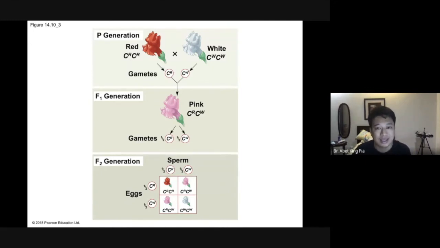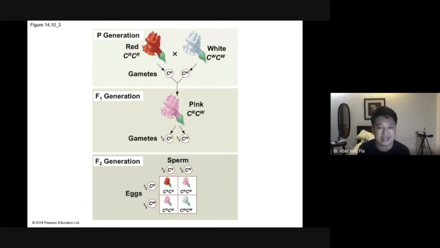Actually, pwede namang hindi kasi isa lang naman yung pinag-uusapan natin, 'di ba? So pwede namang R and W na lang, hindi na naka-superscript. Pwede 'yon. But for this case, para hindi tayo malito, ang gawin na natin is i-follow natin yung suggestion ng book.